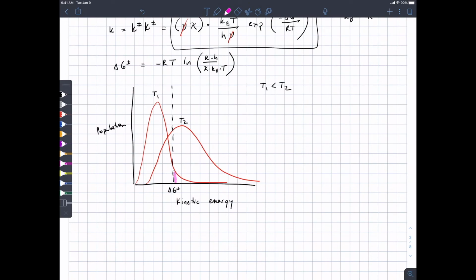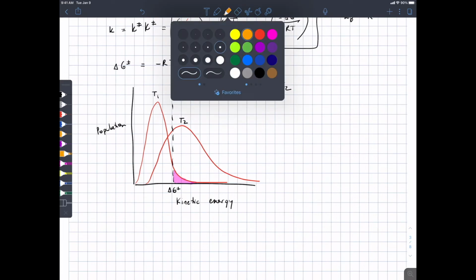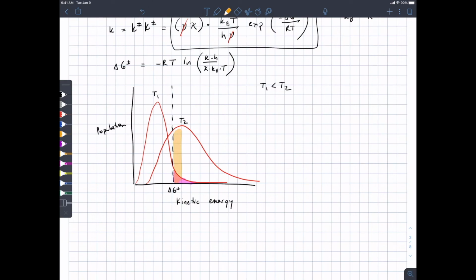At temperature 1, we only have this much that has a high enough energy to get past the transition state. At temperature 2, though, we have a much larger amount, all of this. So that's how I want you to think about the influence of temperature on reaction rate. It's just an issue of shifting the population of molecules so that more of them have enough kinetic energy to traverse the barrier.